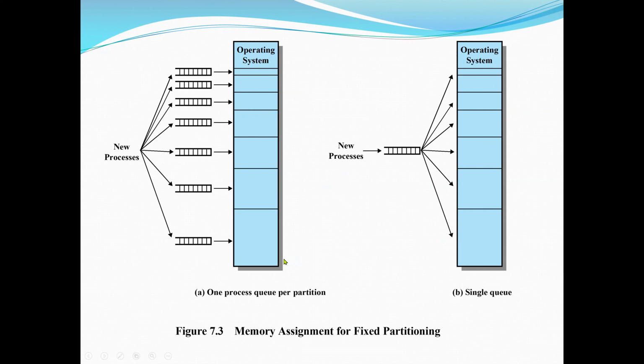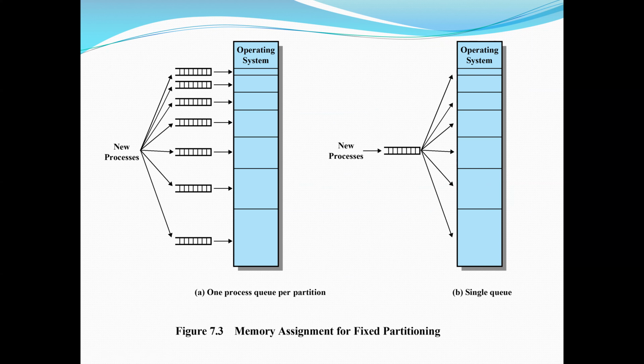Because all partitions are of equal size, it does not matter which partition is used. If all partitions are occupied with processes that are not ready to run, then one of these processes must be swapped out to make room for a new process. Which one to swap out is a scheduling decision, and we may discuss this again in the future.